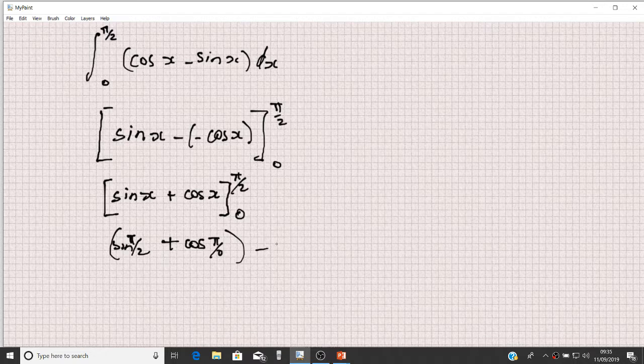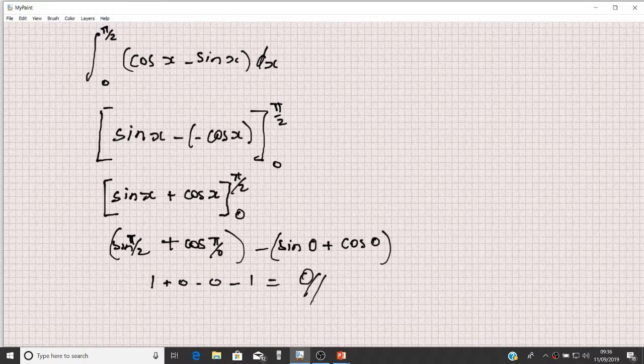And then minus sine of 0, which we know is 0, plus cosine of 0, which is 1. So we end up with 1 plus 0 minus 0 minus 1. We end up with the net result of 0. So that's the final example in this video.